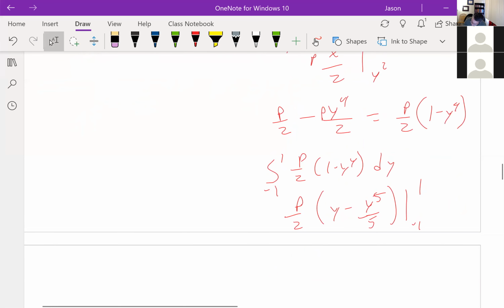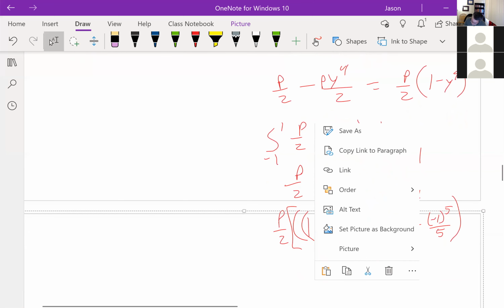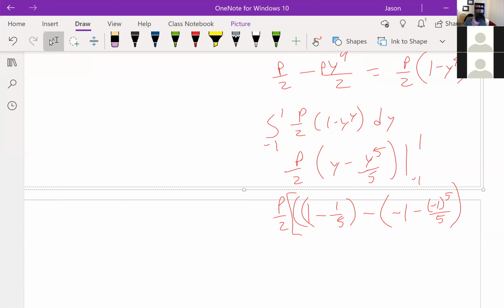Okay, so plug in 1 here. So rho over 2 times, I'm going to do a bracket, and pull that rho over 2 way outside. And I get 1 minus 1/5, which is 4/5, minus negative 1 minus negative 1 to the 5th power over 5. So what's this going to be? This is going to be 4/5.